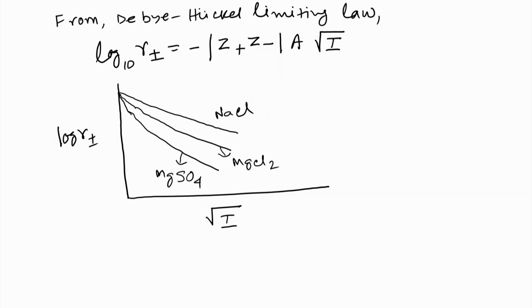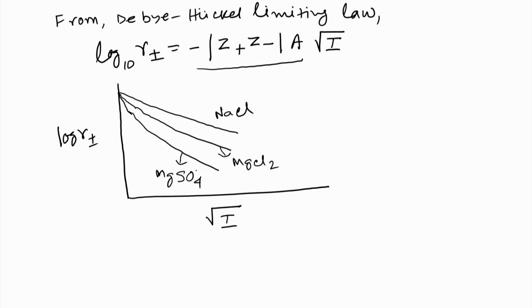For a particular ionic strength, the slope of this curve depends on the factor modulus of z plus times z minus, since A is a constant term.